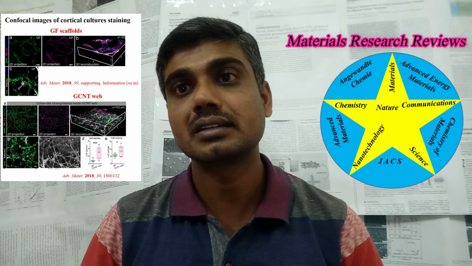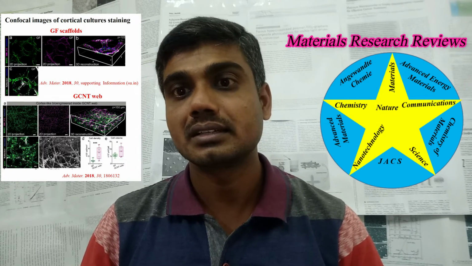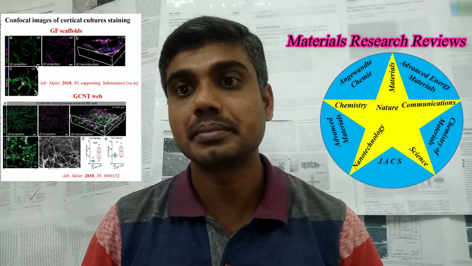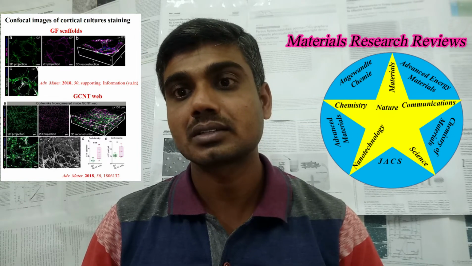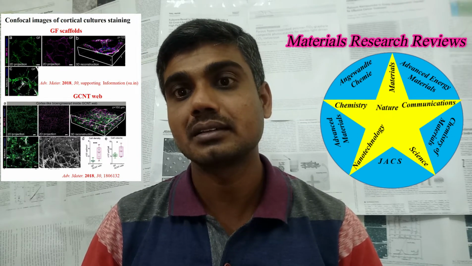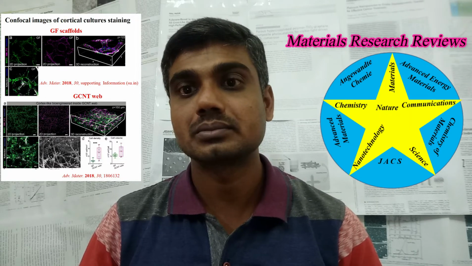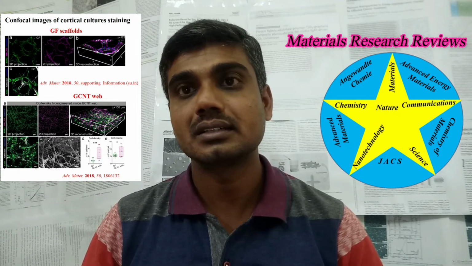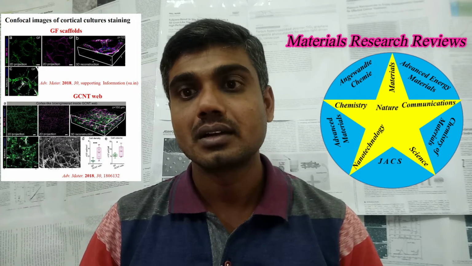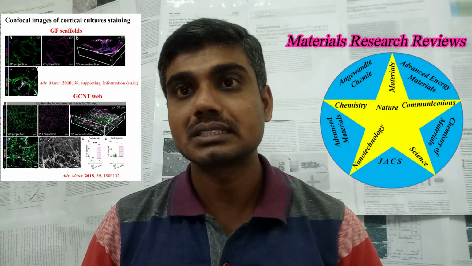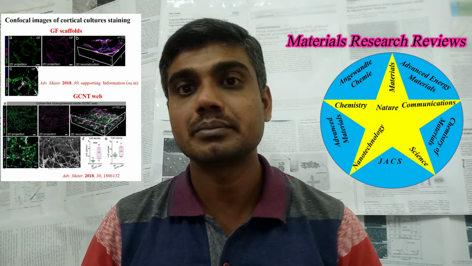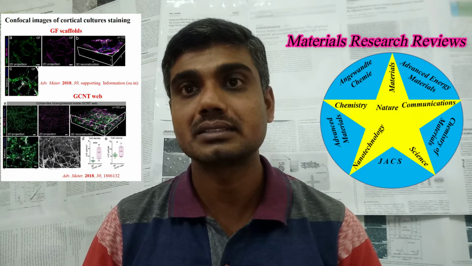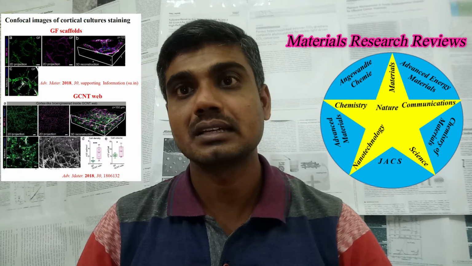Here is the cortical culture staining, where they took confocal images. The neuron is stained with MAP2 and the axon with SMI 312. Both are dyes, and the nucleus is also stained. Here, without damaging the nucleus, they achieve a bright signal, which you can see in the image.